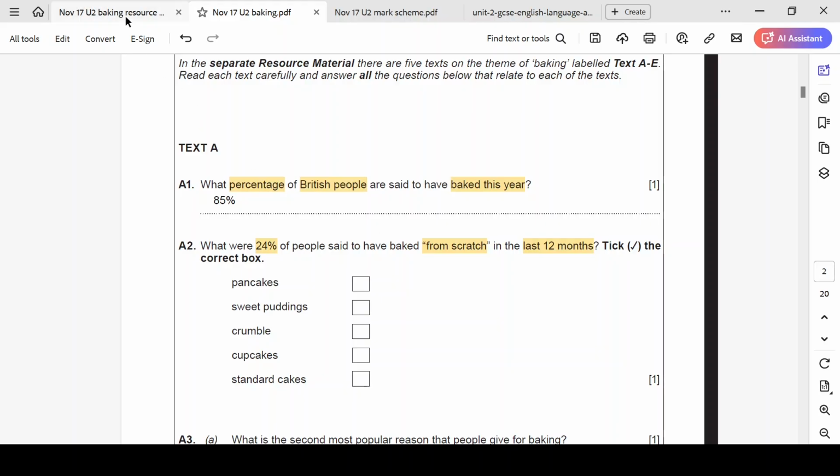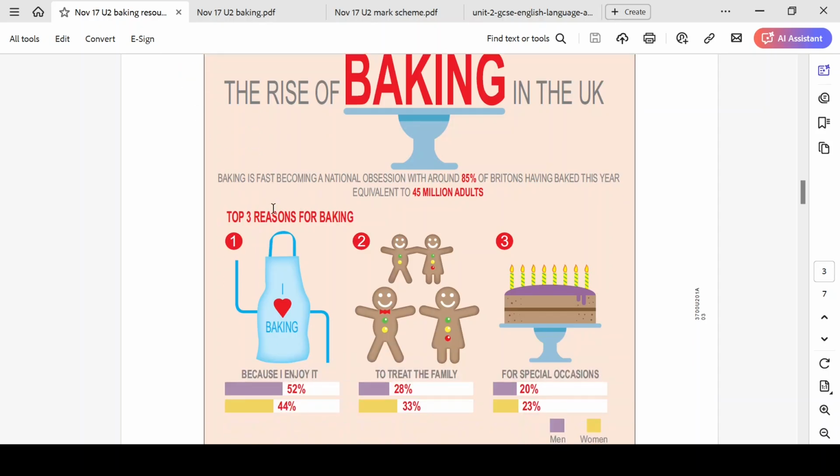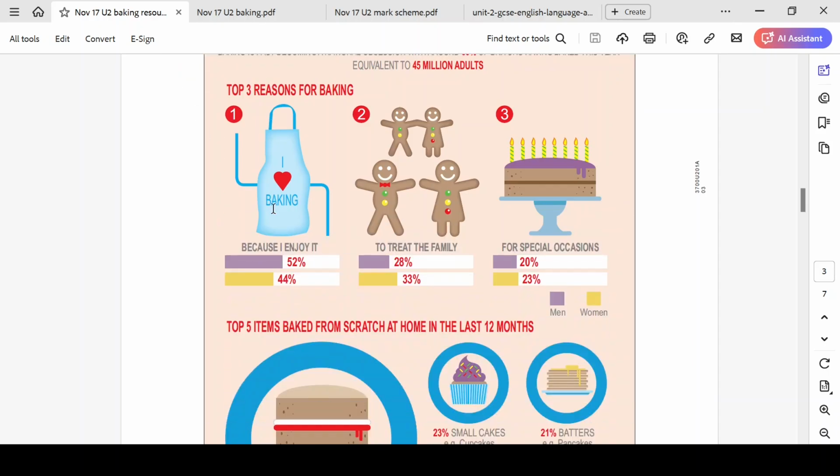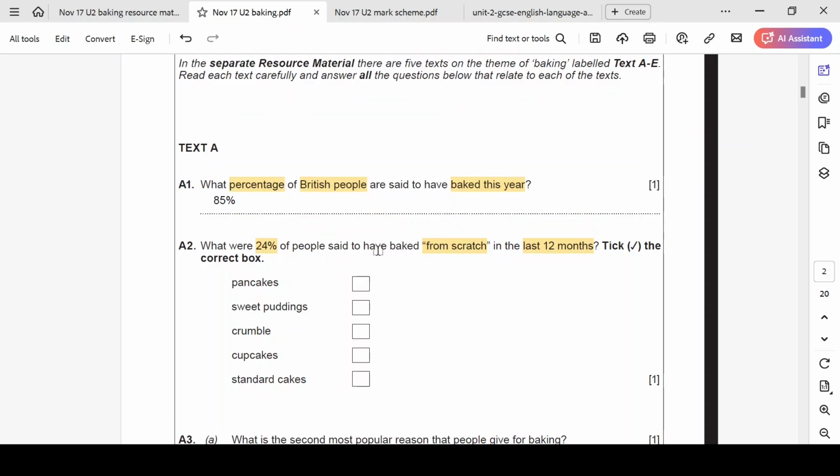So in the resource material, where I'm looking for 24% from scratch, last 12 months, what were they said to have baked? So I'm narrowing down my search a little bit. Bake from scratch at home last 12 months. Yeah, that's looking pretty good.